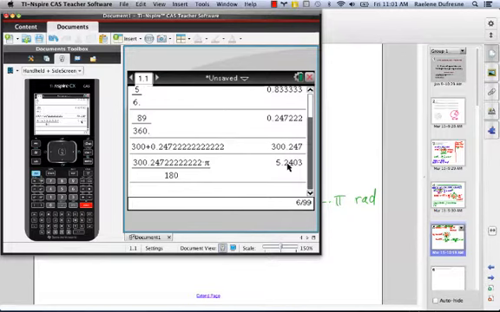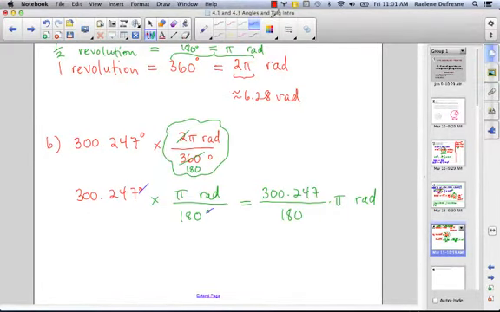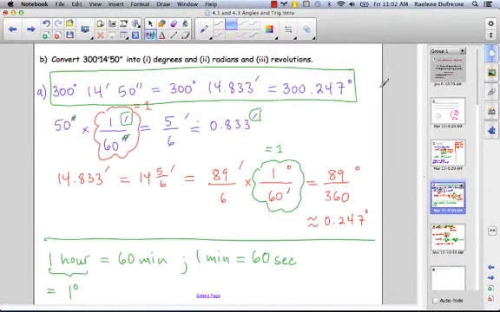And we see approximately 5.2403 radians. Therefore, 300.247 degrees is approximately 5.2403 number of radians.